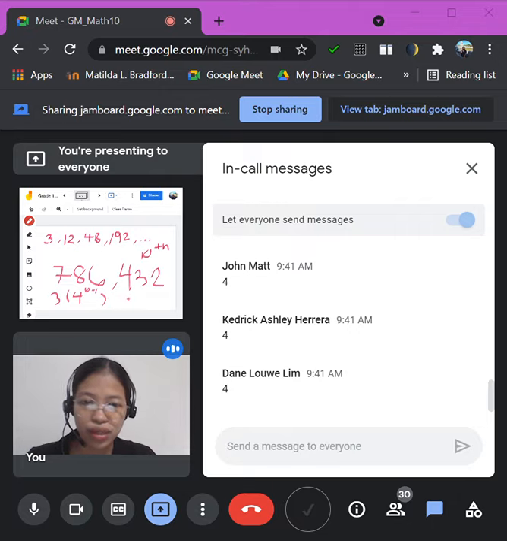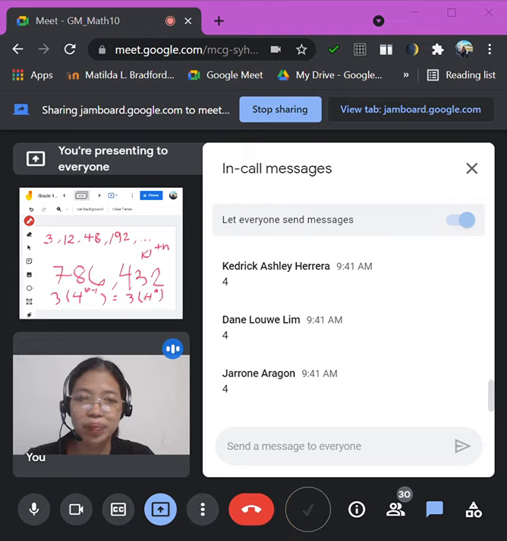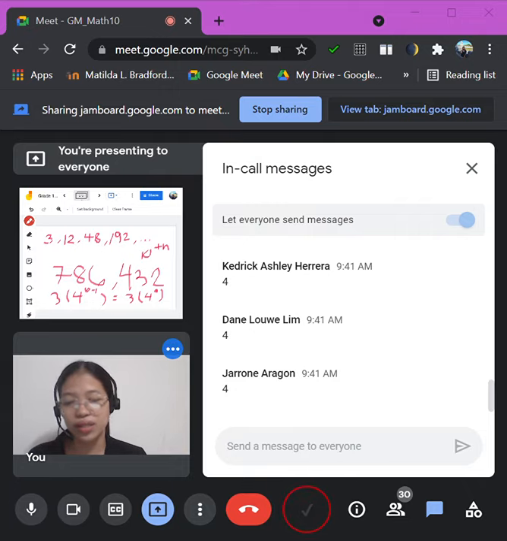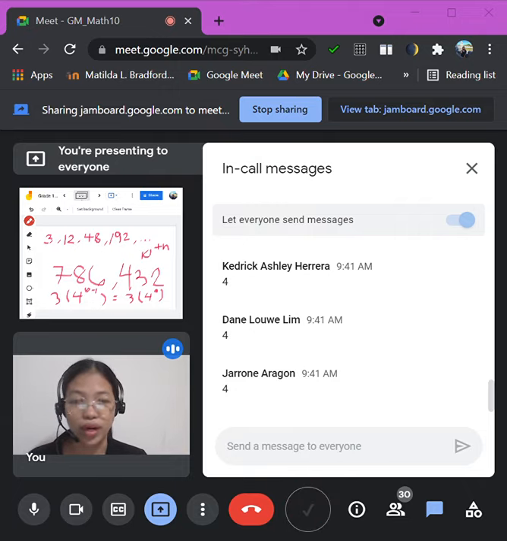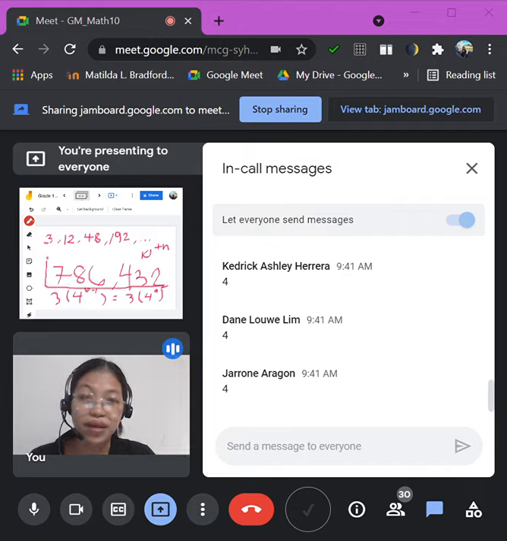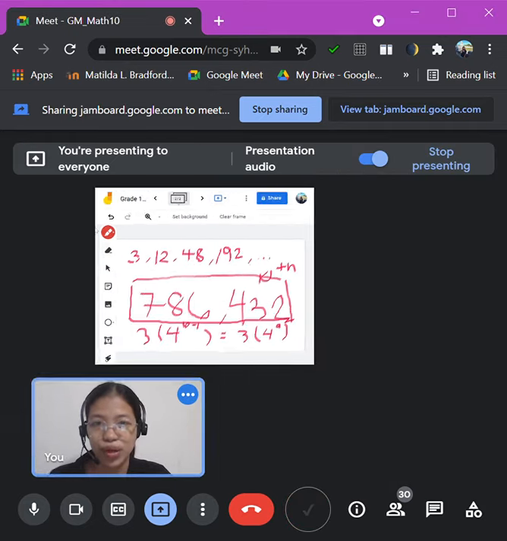So that is equivalent to 3 times 4 raised to the power of 9. And then if we're going to simplify 4 raised to the power of 9, that is 262,144. And then i-multiply na tong 3, ang mugawas is 786,432. So very good, class.